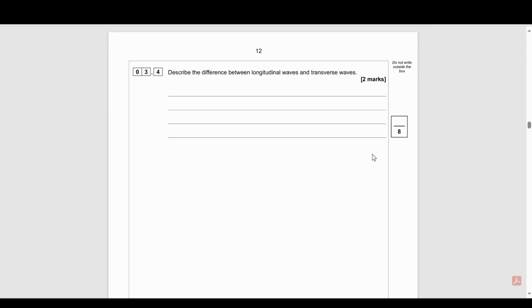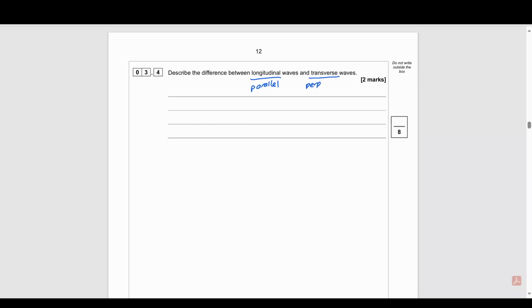3.4. Describe the difference between longitudinal waves and transverse waves. So it's the definition of these two phrases now, longitudinal or transverse, which we need to recall right now. So when we think of longitudinal, we're thinking of the word parallel. When we see the word transverse, we should be thinking of the word perpendicular.